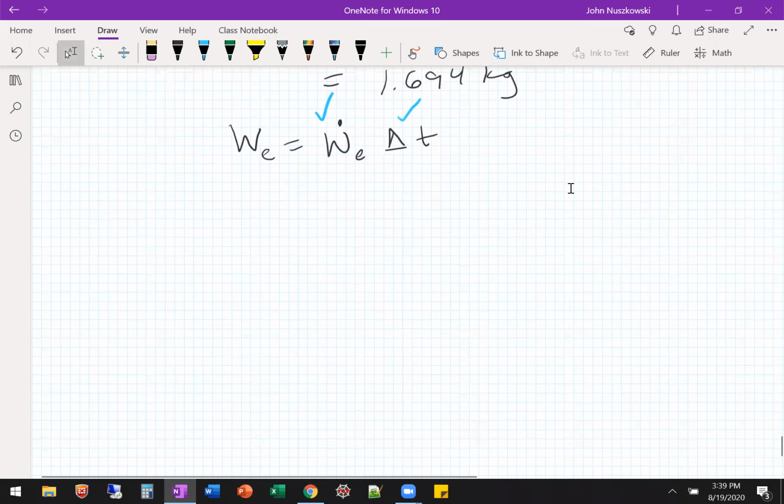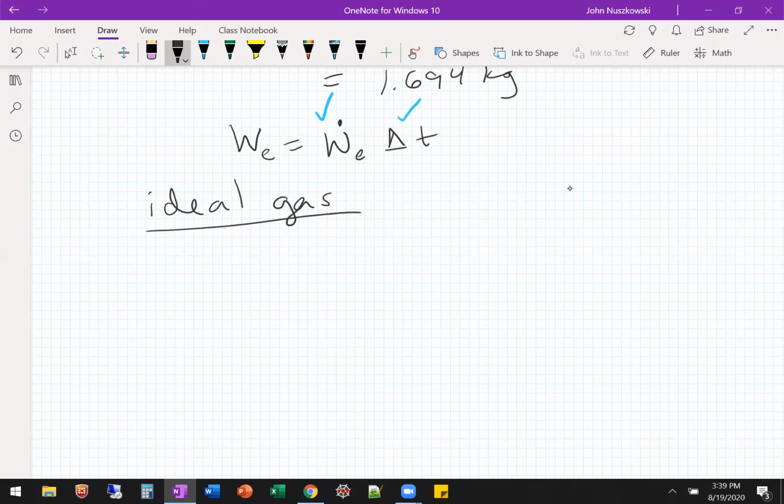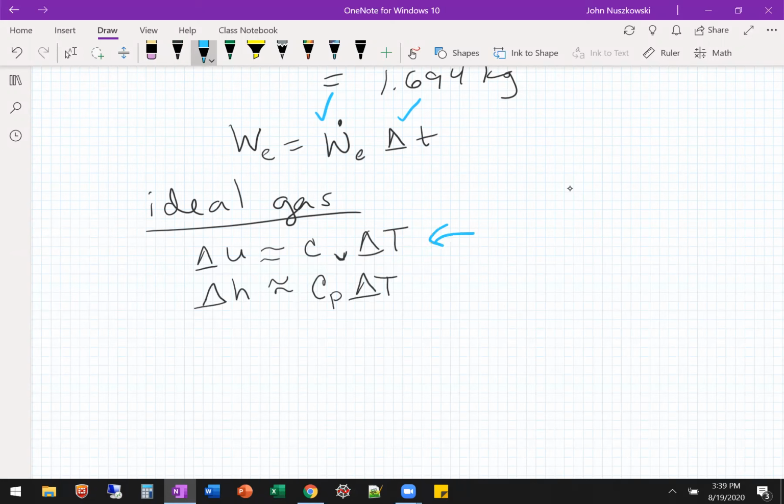So we look at our ideal gas section on our equation sheet, for how we get energy changes for ideal gases. For delta U, it's CV delta T, because they told us constant specific heats. For delta H, it's CP delta T. We need delta U, so that one.